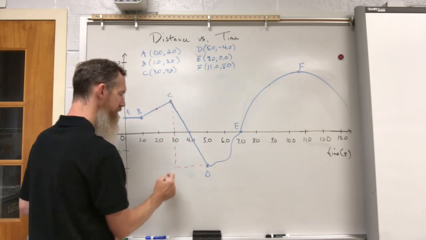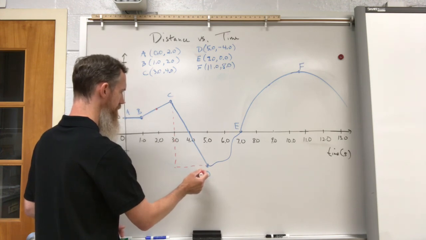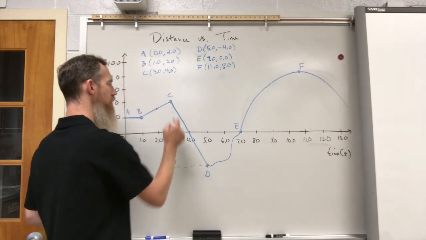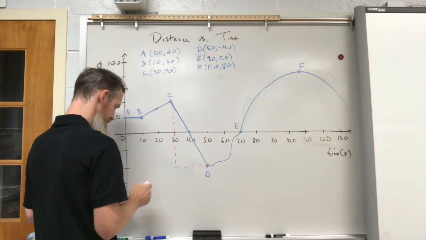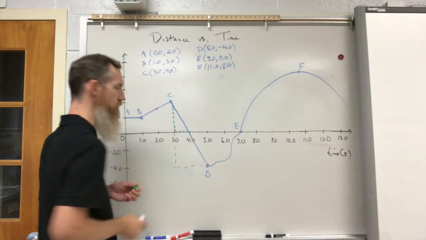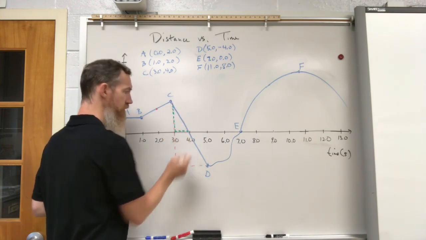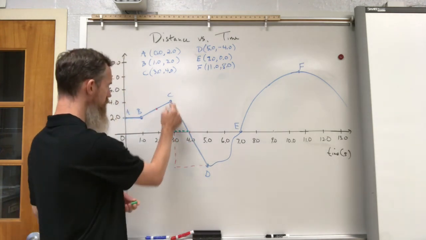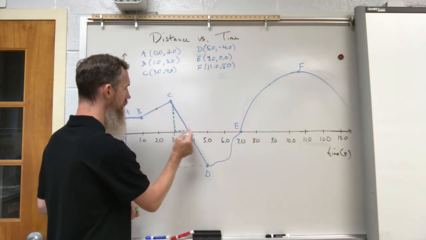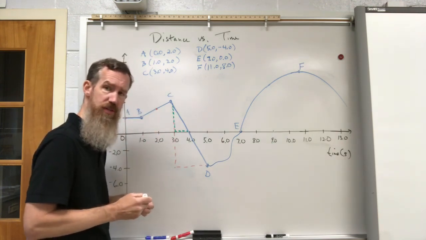And that's 2 seconds. Now, some of you might have said, well, can I have done this triangle in green, the smaller triangle? Can I do that rise over run in here? And the answer is yes, you could have. And if you do that, the rise would be 4. Well, negative 4, you're moving downward. And the run would have been 1. So you get the same answer, negative 4 meters per second.